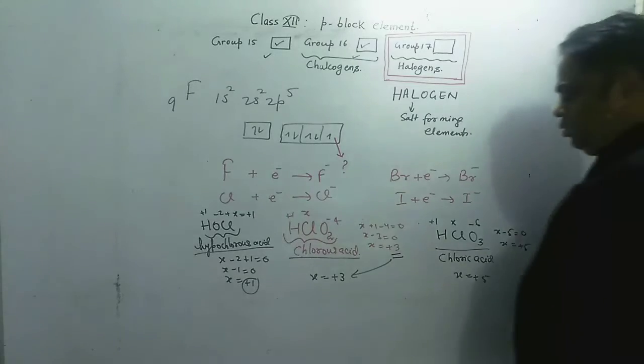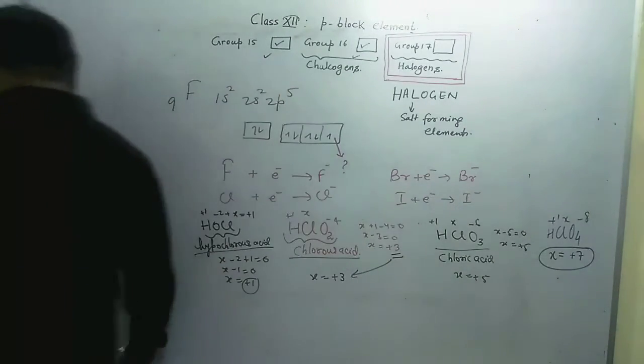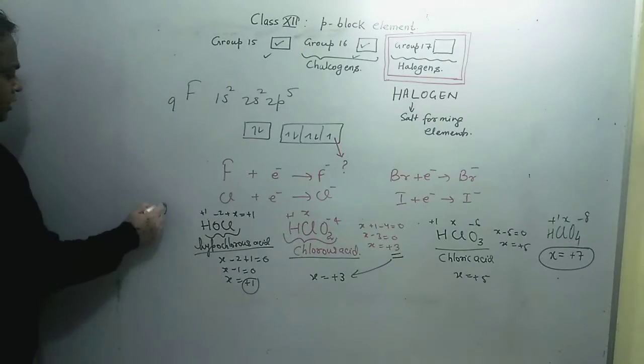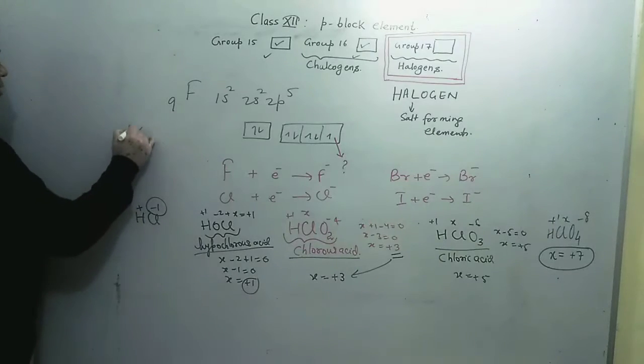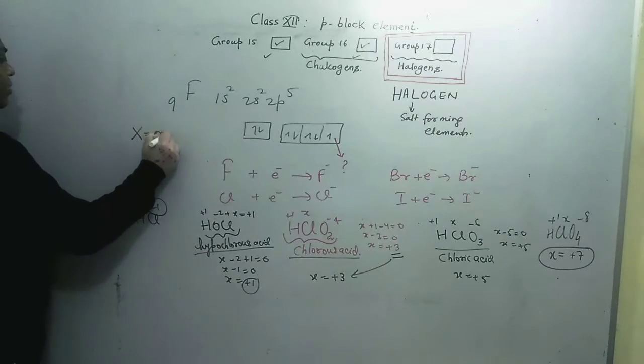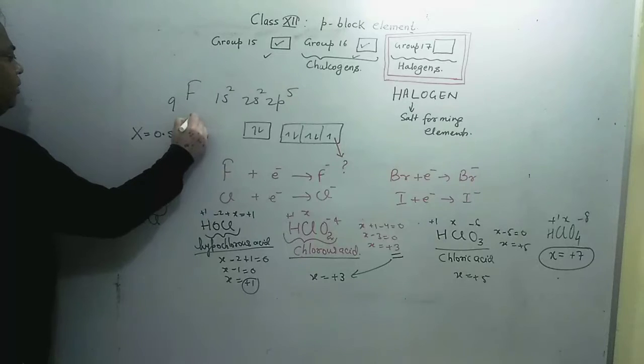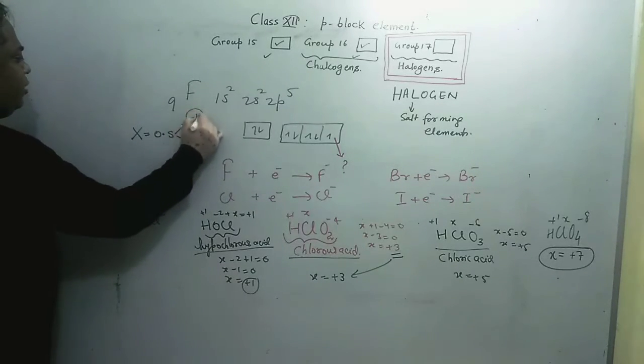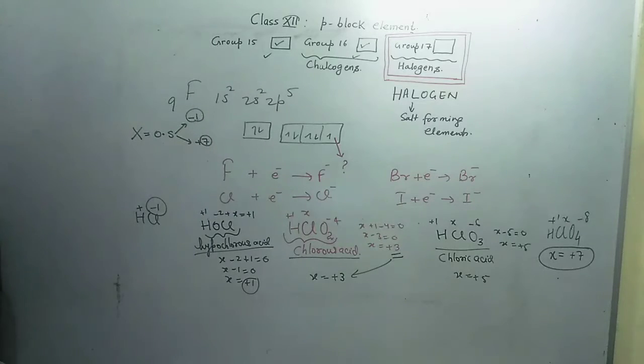And minus 1 is known to all of us. Minus 1 oxidation state is known to all of us, HCl, plus 1 and minus 1. So you will see that the halogens' oxidation state varies from minus 1 to plus 7. So there are a variety of compounds which are formed by the halogens.